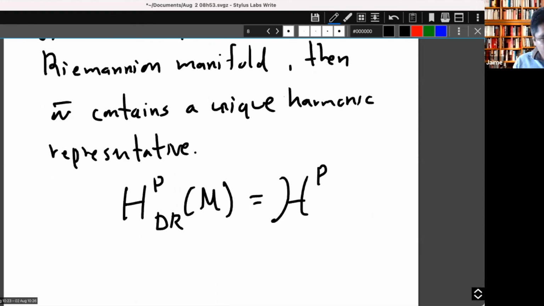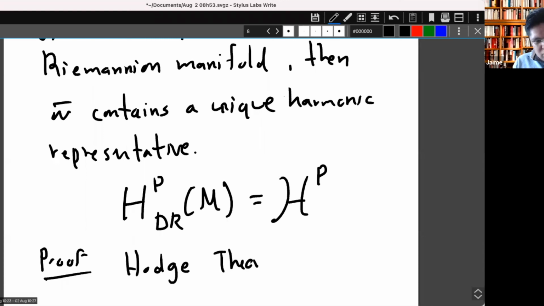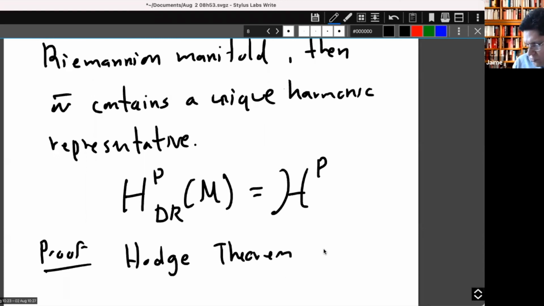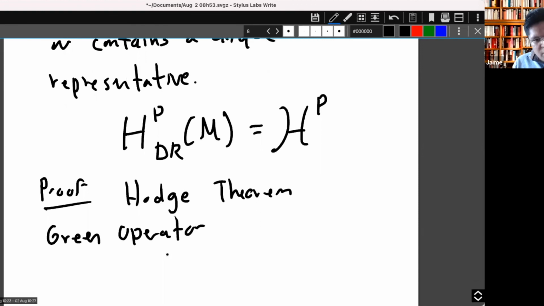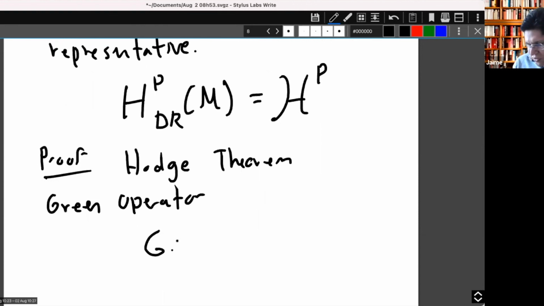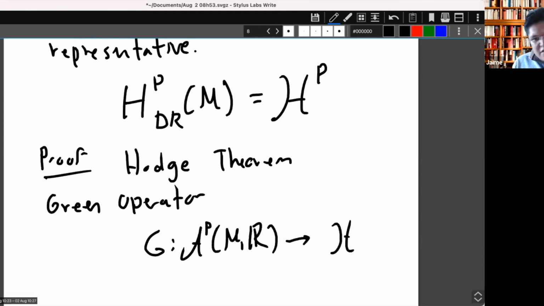The proof uses, of course, the Hodge theorem, and uses one thing called the Green operator, which is an operator G that goes from the space of real differential P forms to H^P.